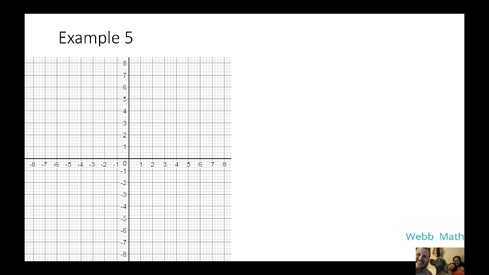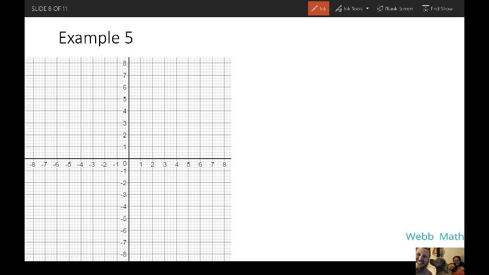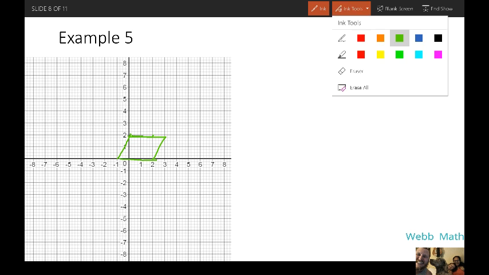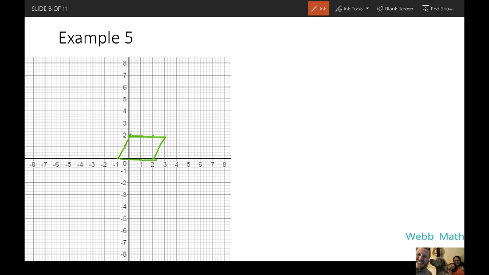So the last example I'm going to give you is a parallelogram, and we're going to start with this nice little parallelogram right here, okay? And then all of a sudden they give you another object, another parallelogram.